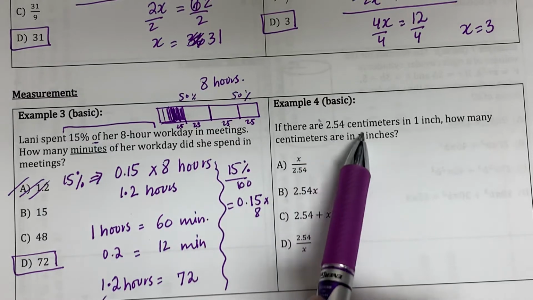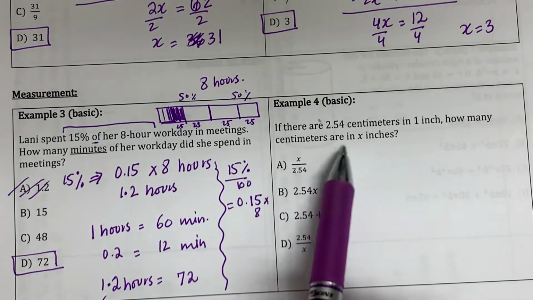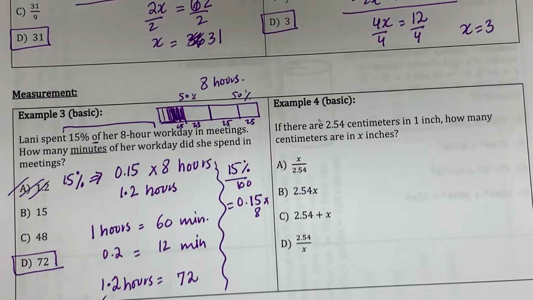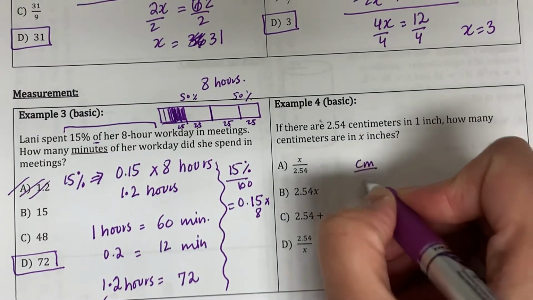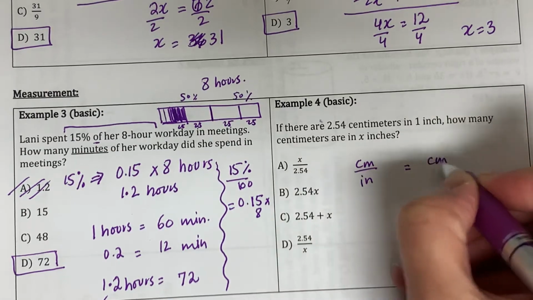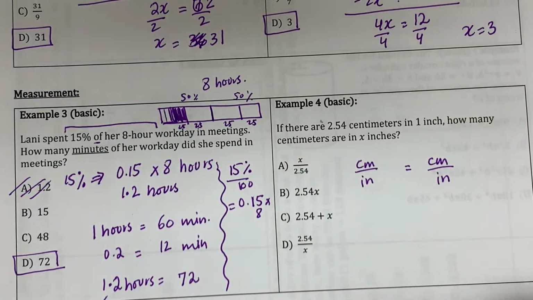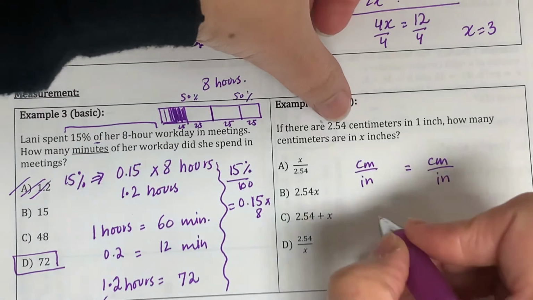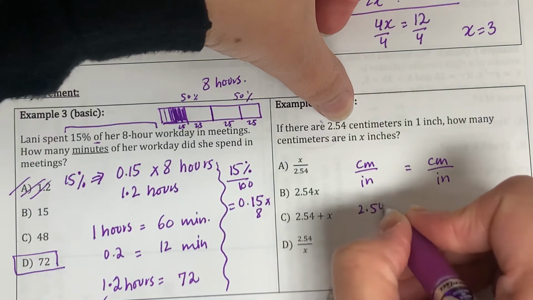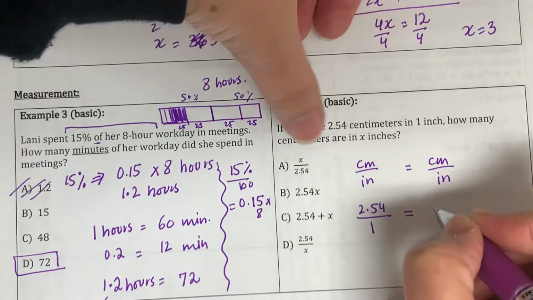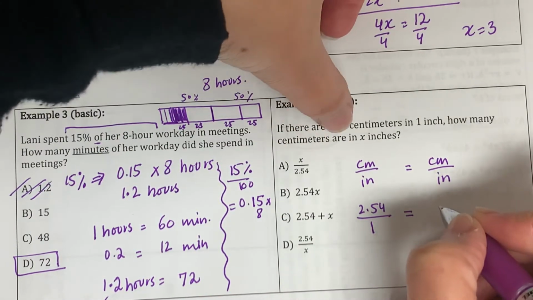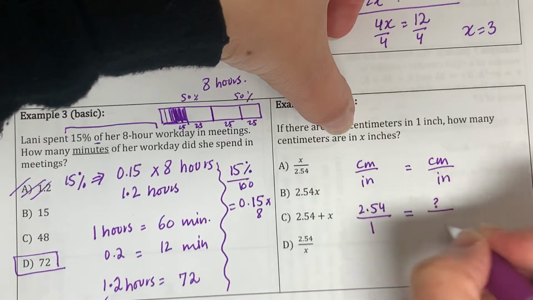If there are 2.54 centimeters in 1 inch, how many centimeters are in x inches? Simple math. I have centimeters over inches, centimeters over inches. This is direct proportion or direct variation. This is how you write it. Now gather your data. 2.54 in 1. How many centimeters will be in x inches?